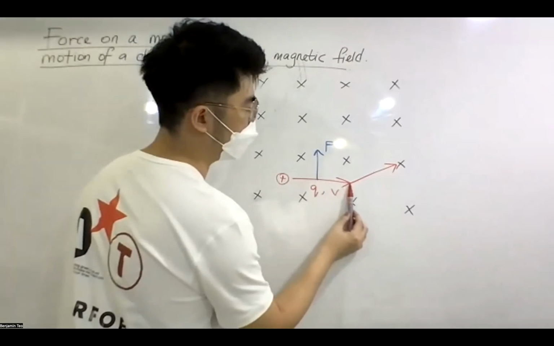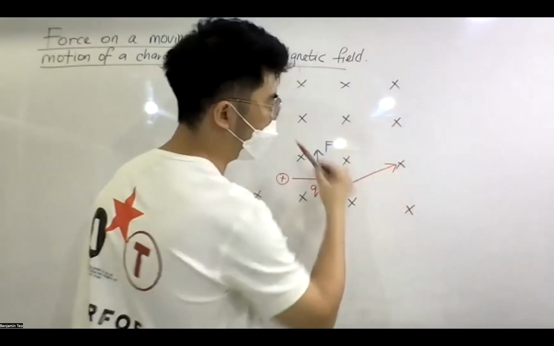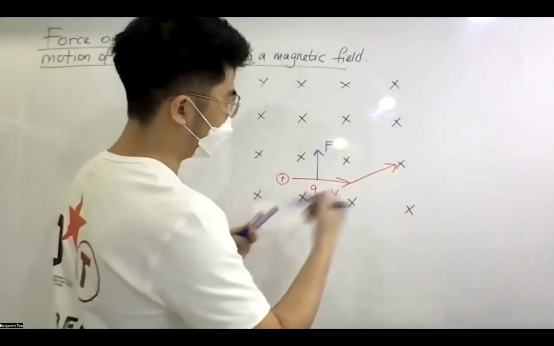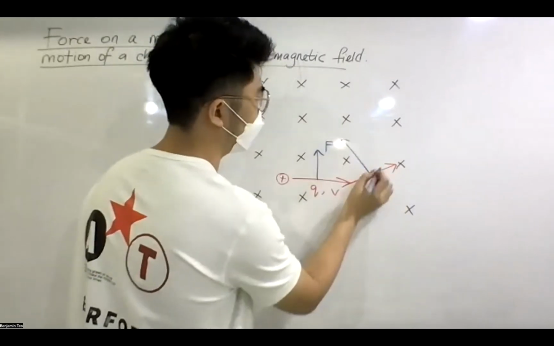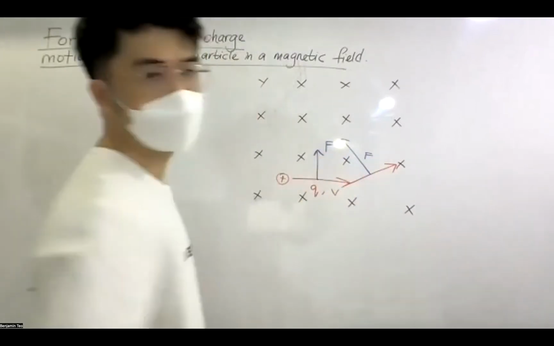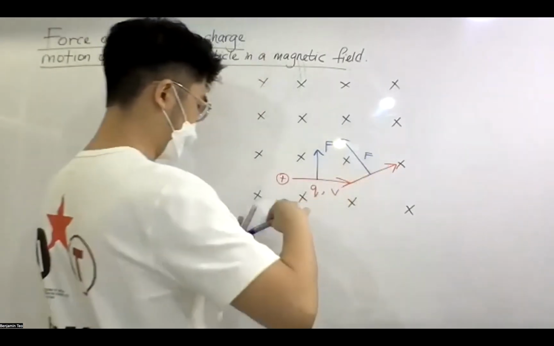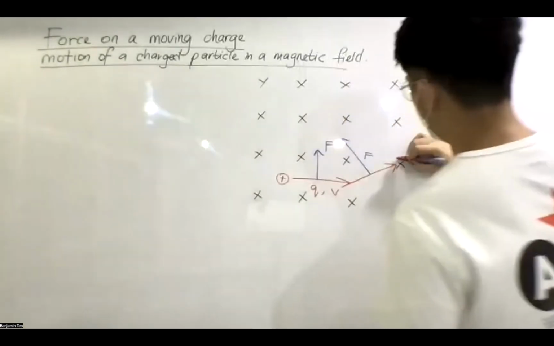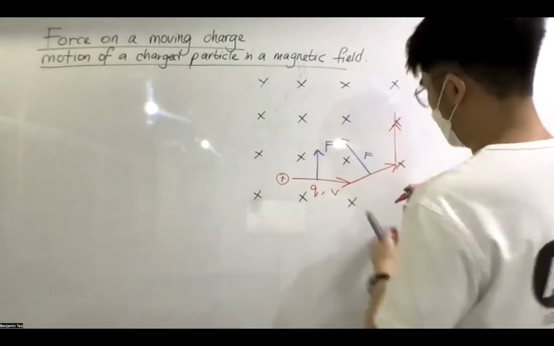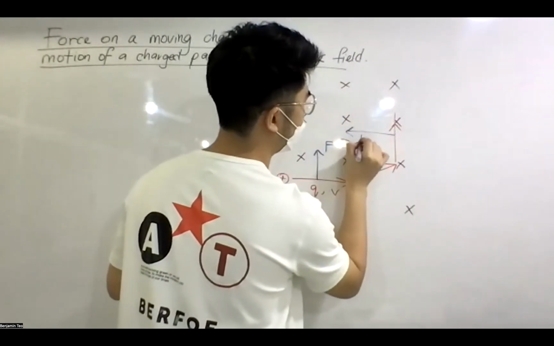When the charge got deflected here, again, it is still moving in the field. So you have another force. The same force is acting like this. Again, the force deflects it. Now it is like this. Again, the force deflects it.